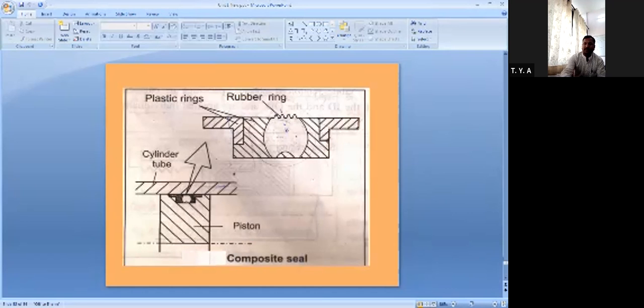Now let us discuss the last one, that is the composite seal. These types of seals are called composite. That means it is a combination of various types of seals, and these composites are available in the form of sets.